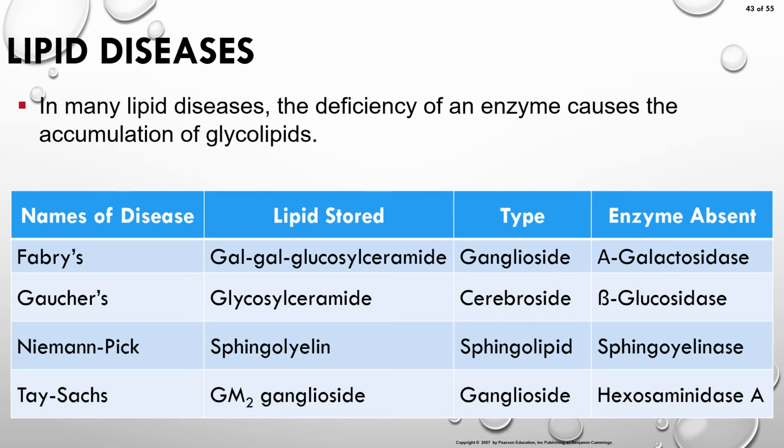Sphingomyelinase is the enzyme absent that causes Niemann-Pick, and hexosaminidase A is the enzyme absent that causes Tay-Sachs disease. So I want you to research more of these diseases.